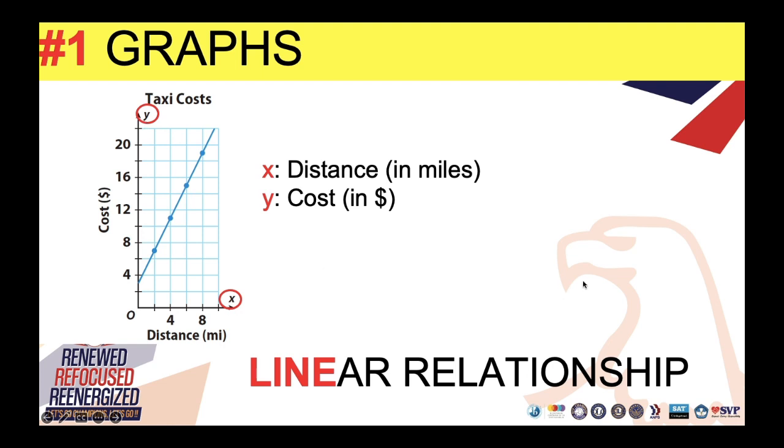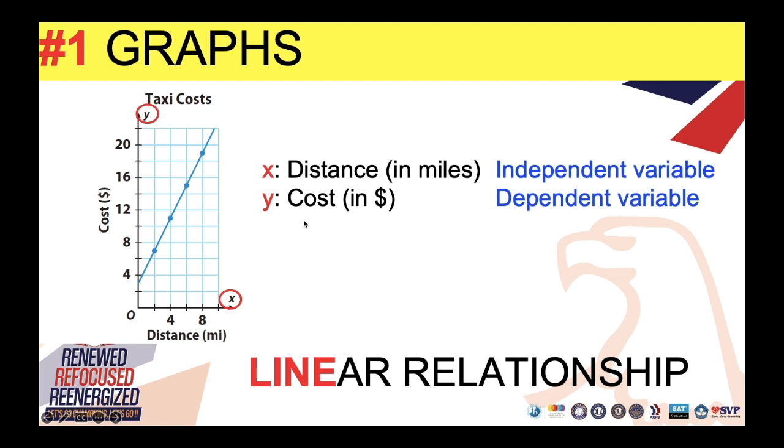Now, further, between distance and cost, the cost depends on how far you have traveled. So between the two, distance is independent, whereas cost is the dependent variable. Likewise, it's also very important for you to know which of the two variables depends on the other.